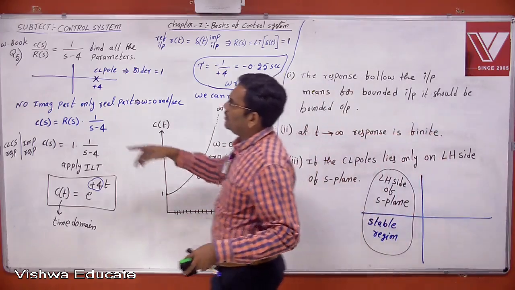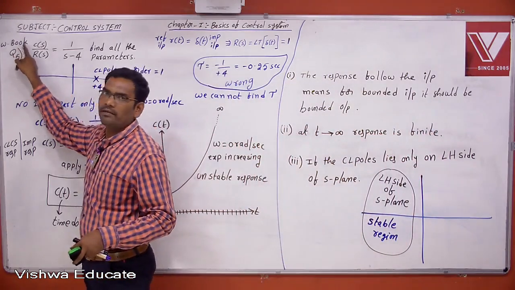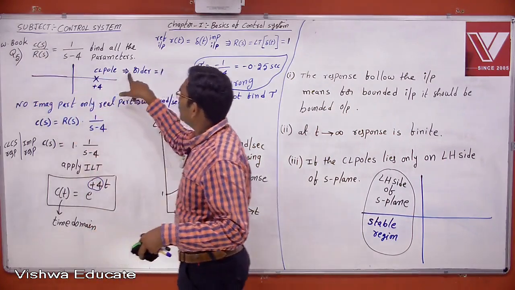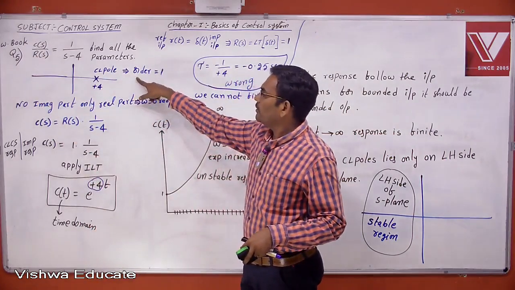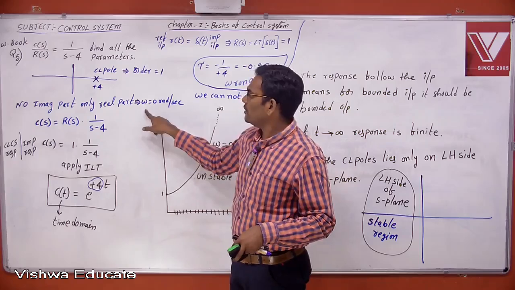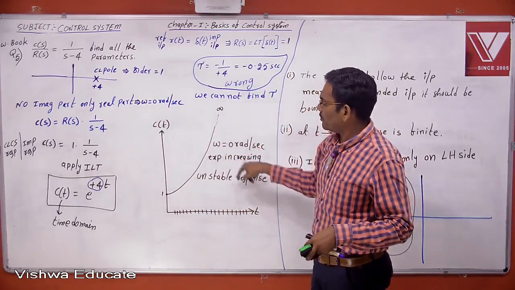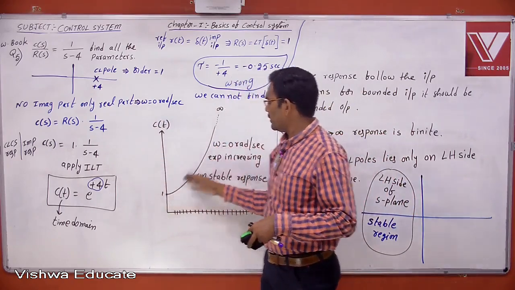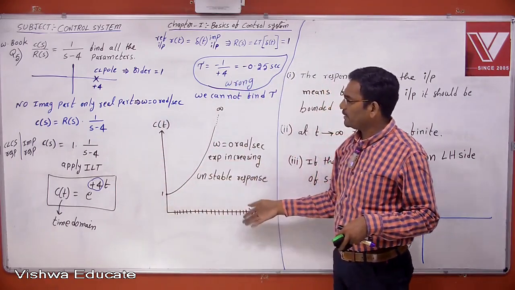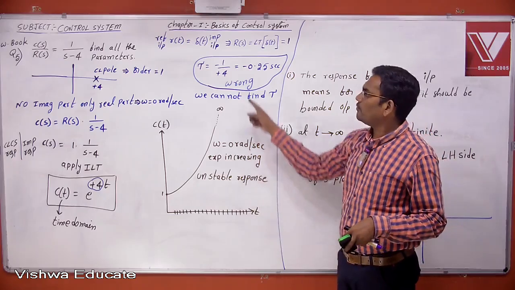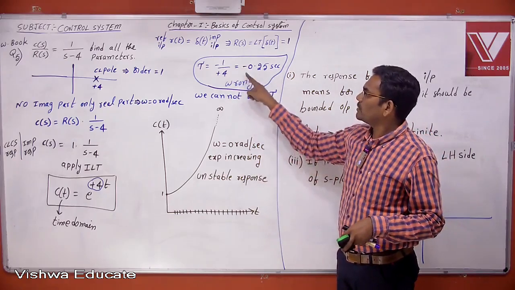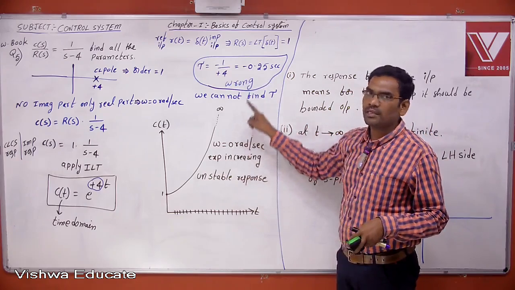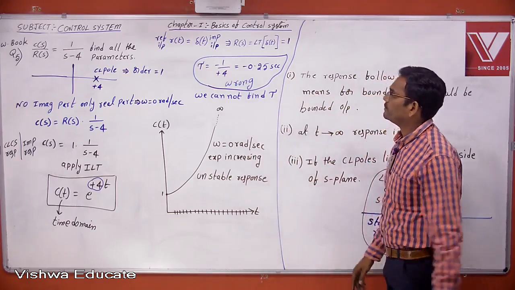This is question number 5 in our workbook. Now we find the order and the frequency of oscillation, and we will see whether it matches the response or not, and we will draw the response. Based on the response you decide the system stability, and we cannot find the time constant because the system is an unstable system.